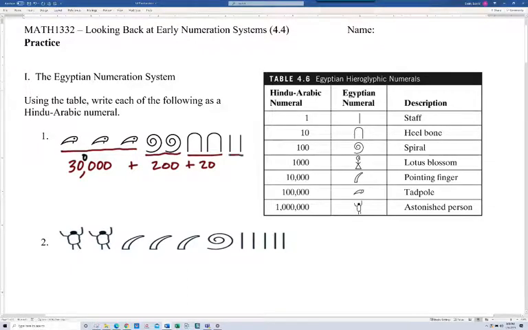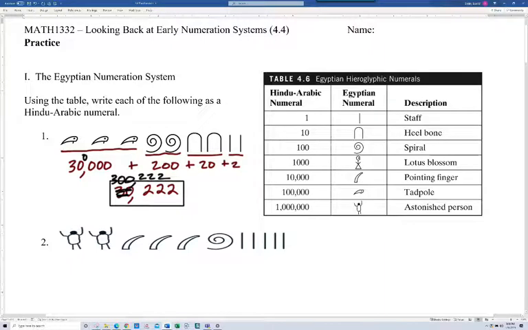And then two staffs, or two ones, and so that's 2. And so I'm going to go ahead and write this, but it's going to be wrong here. It's 300,000 tadpoles. Yeah, they're each 100,000. So this should be 300,222. All right, let's move on to number 2.